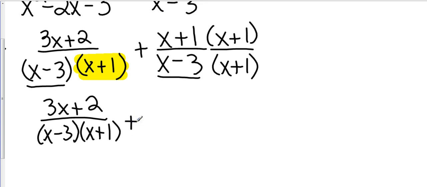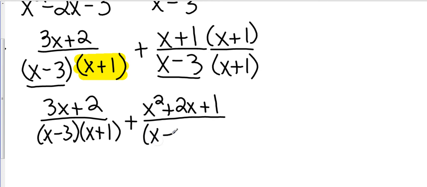And so x plus 1 times x plus 1 is going to be, we got to FOIL that, x squared plus 2x plus 1 all over x minus 3 times x plus 1.